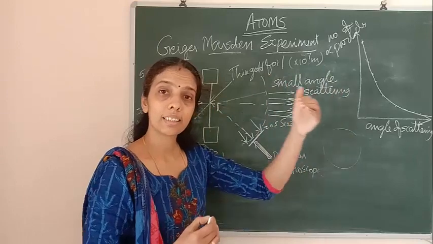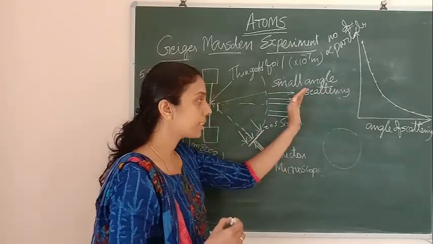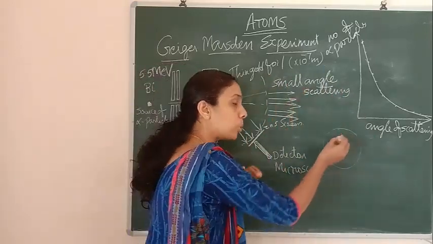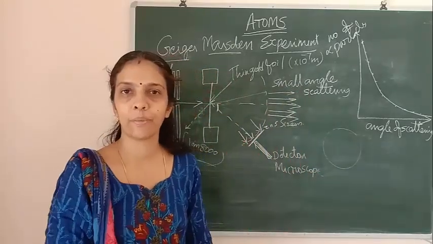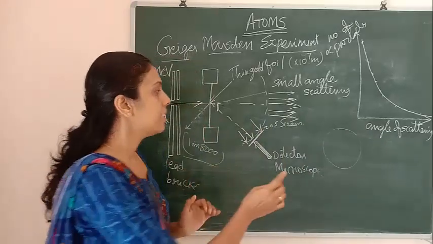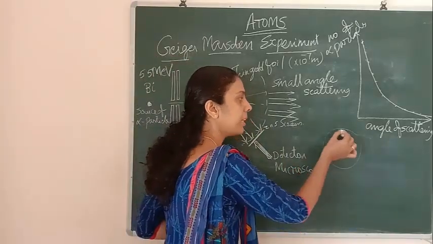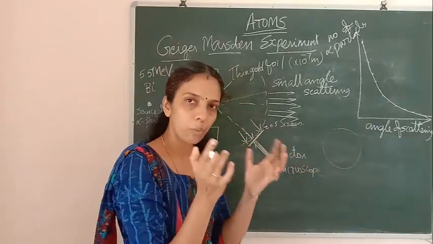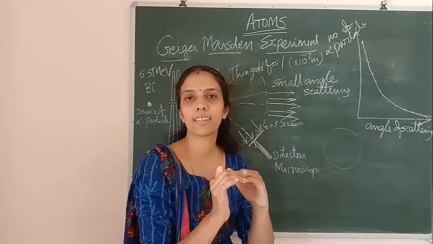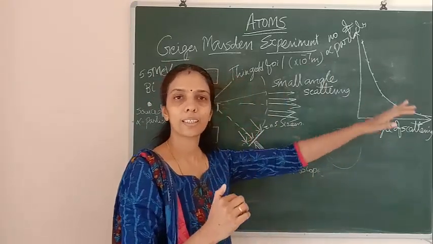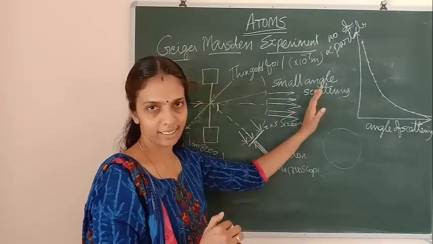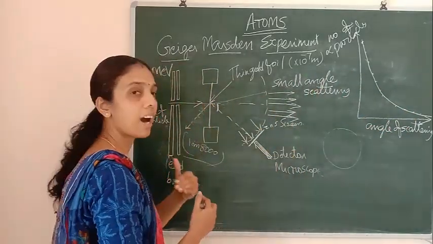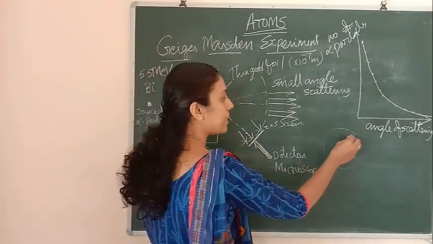And why does it come out at a small angle? In those directions there is more free space. So while we are considering an atom, more free space is there, and that is why alpha particles can come out through this small angle. When we consider the large angle, the electrons will be somewhere here and there.